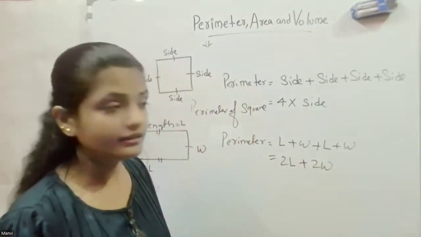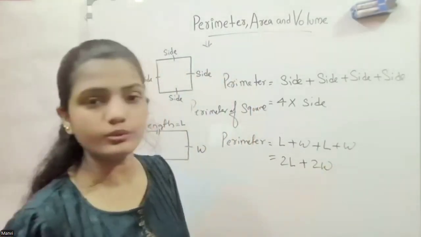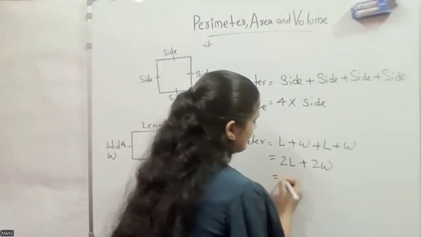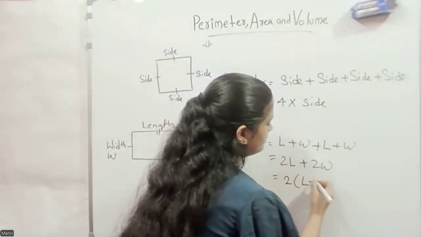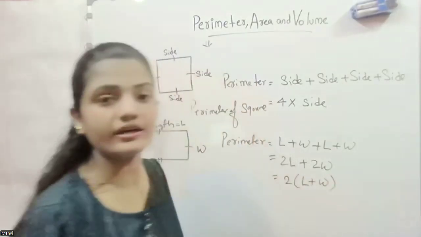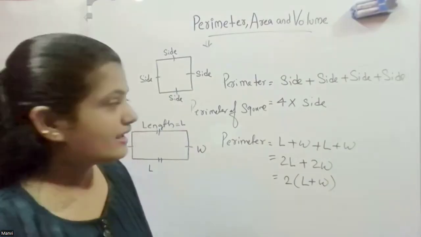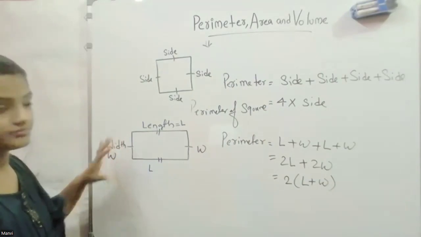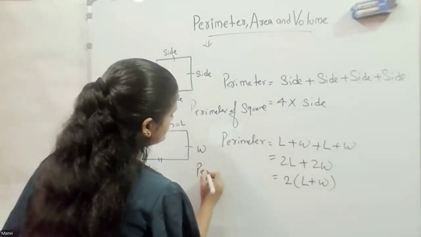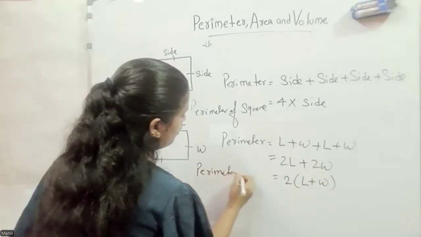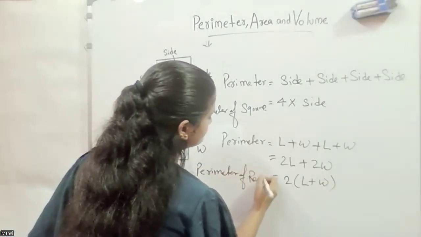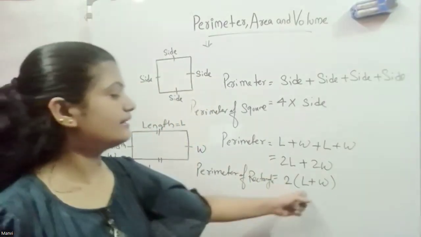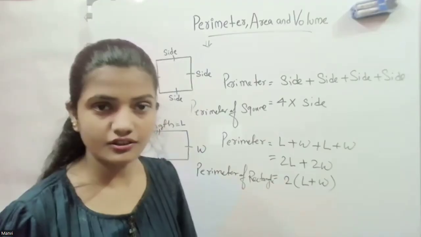Now this 2 and that 2 are common in both, so we can simply write it as 2 times L plus W. That's the formula of the perimeter of a rectangle. So the perimeter of a rectangle equals 2 times length plus width.